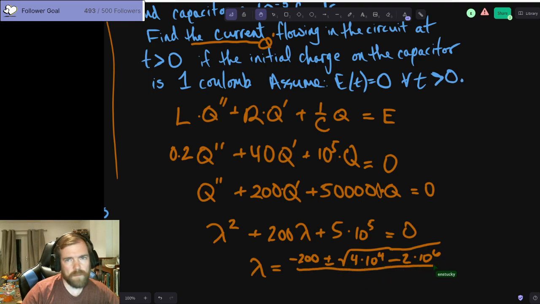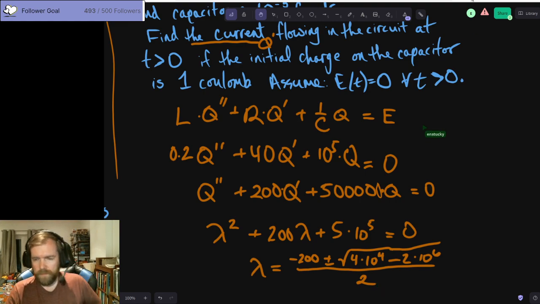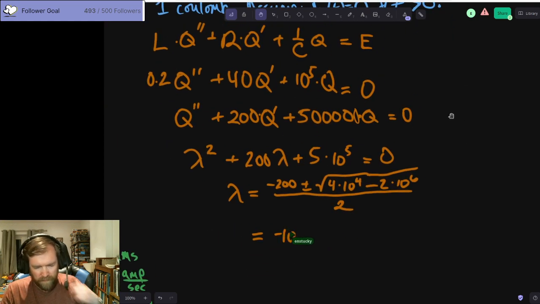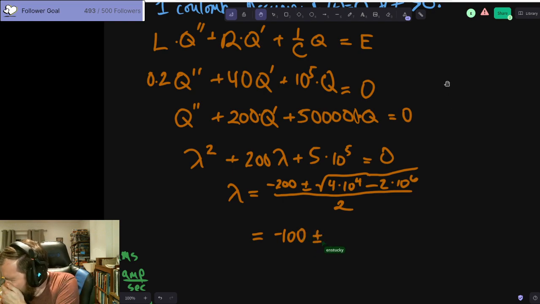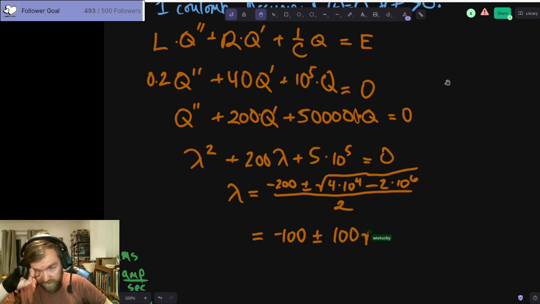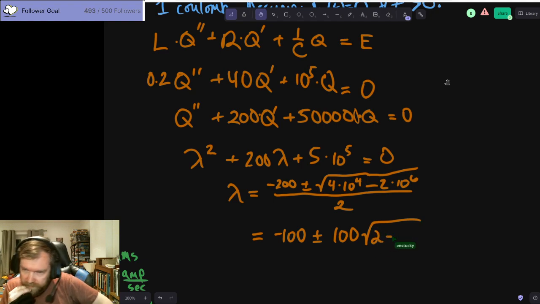And then over 2, right? Yeah. Which is massively negative. But hey, I mean, it's a thing. It's a number. Sure is. 10 to the 4th and 2 are factors. So, yeah, and then 100 comes out, yep.